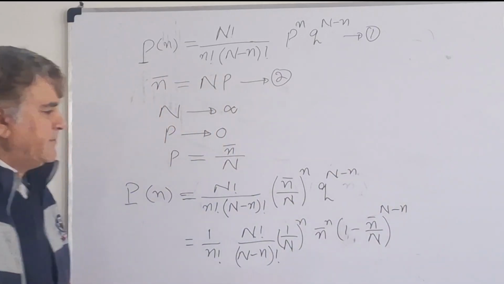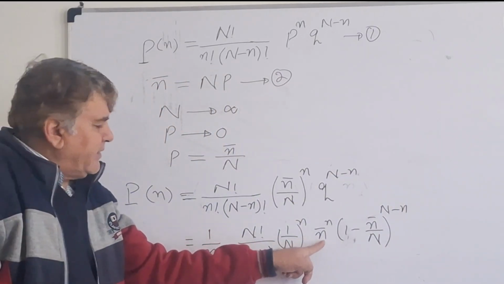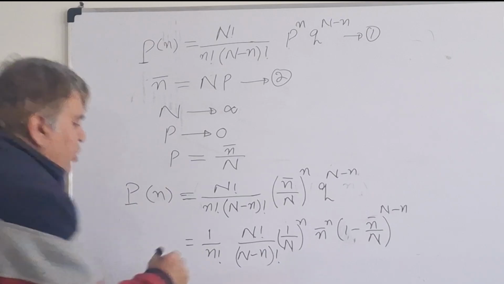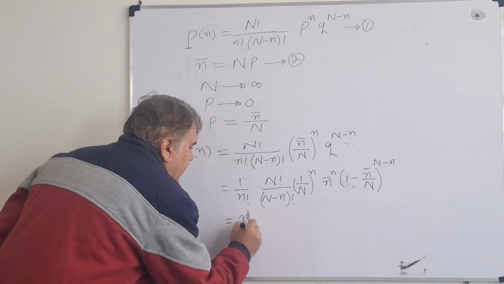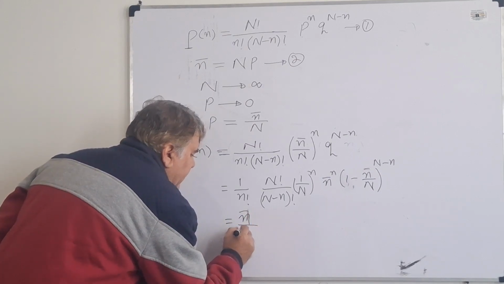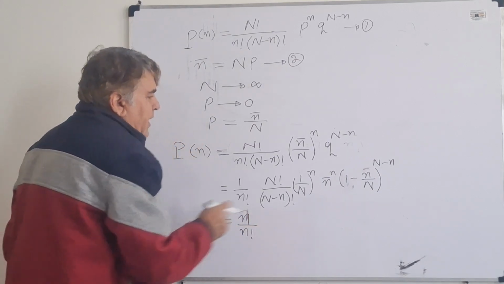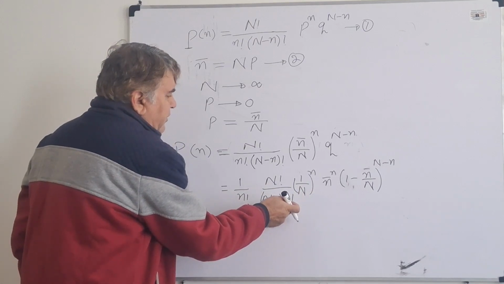I can write it like that. Now I combine this with this factor to write it like n bar divided by n factorial, and I combine this with this one in the denominator.